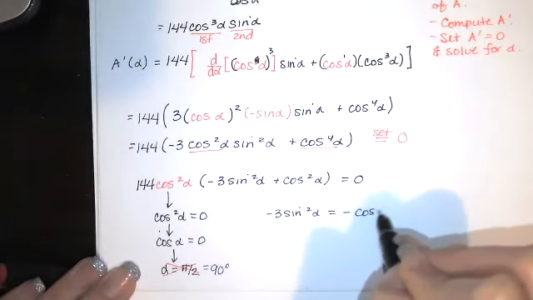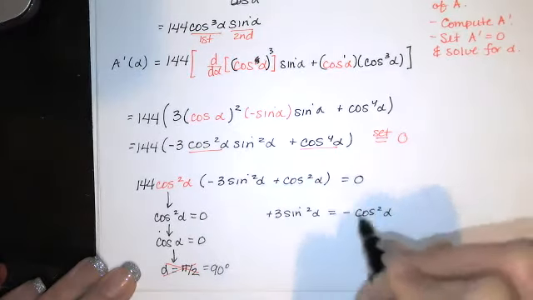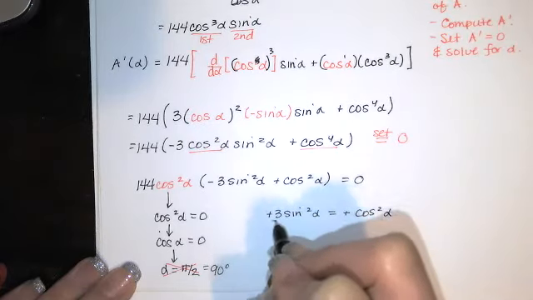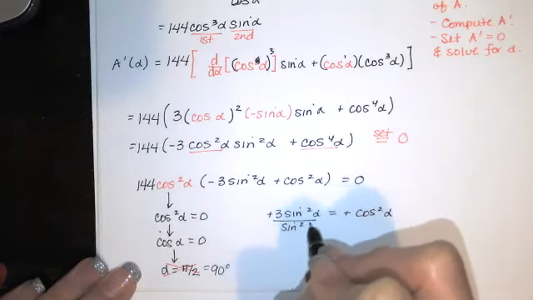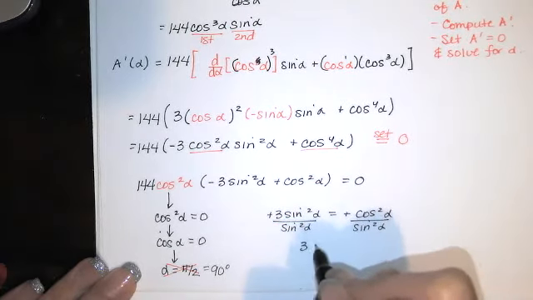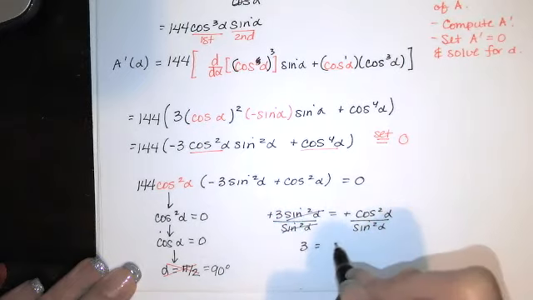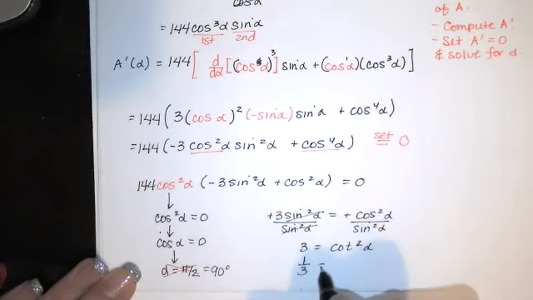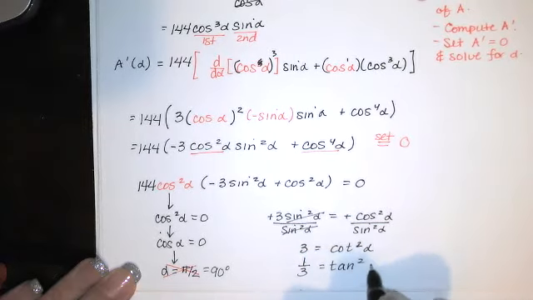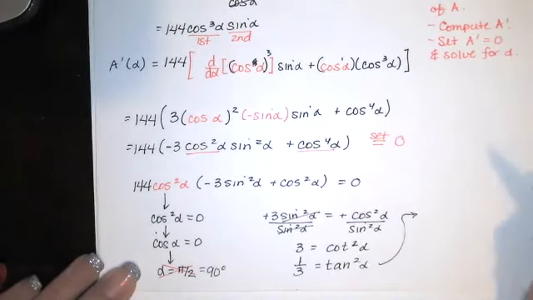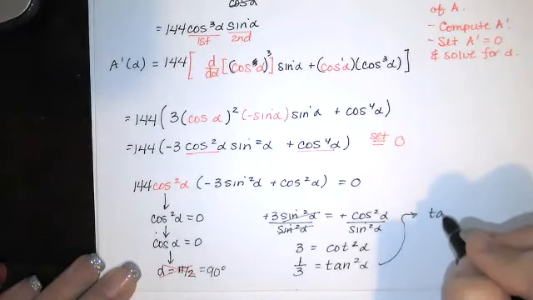I will subtract cosine squared from both sides, multiply both sides by -1, and divide both sides by sine squared alpha. So we get 3 equals cotangent squared alpha. Or let's do 1/3 equals tangent squared, because I still think in terms of sine, cosine, and tangent, not so much cotangent. And then let's take the square root of both sides.